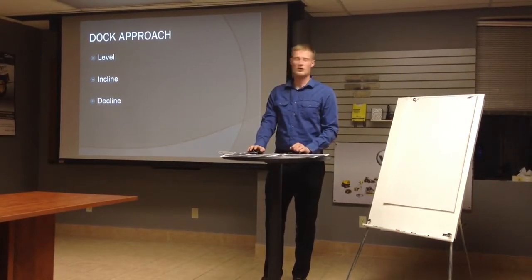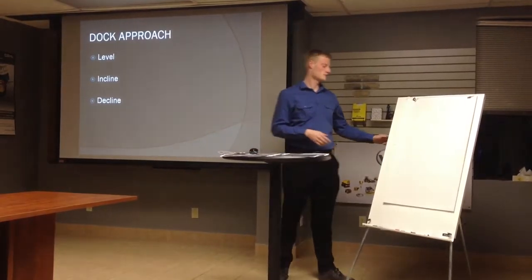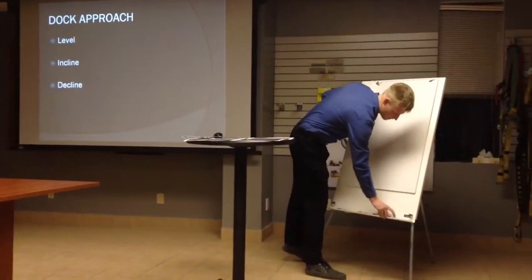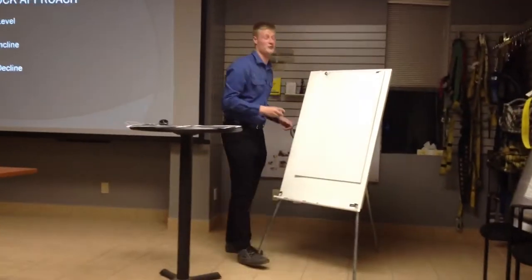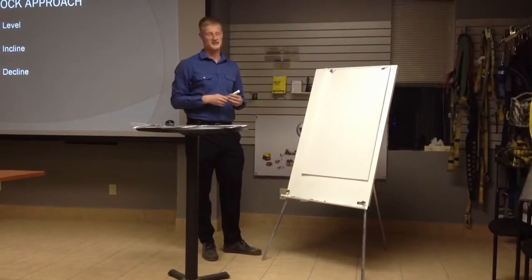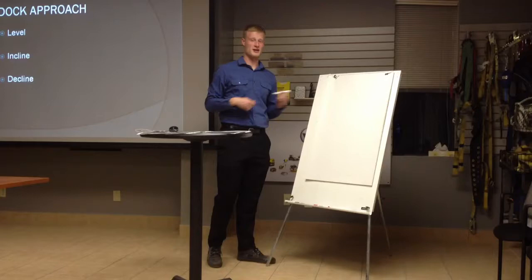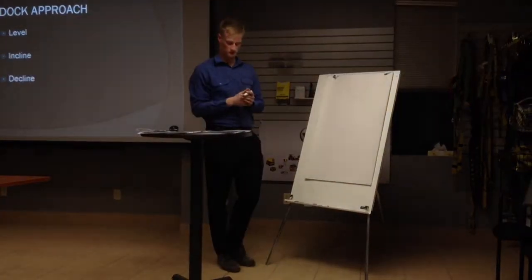For dock approach, I'm going to demonstrate to you on this piece of paper just the different styles of dock approach, and a very crude but yet simple to understand application of what a truck looks like when it's backing in.